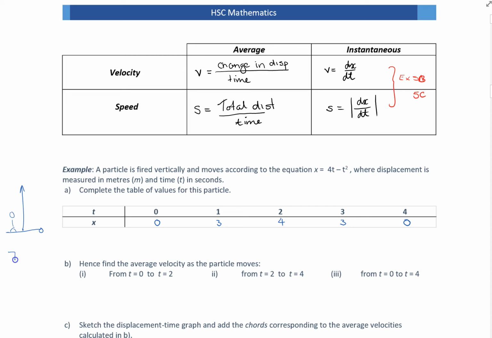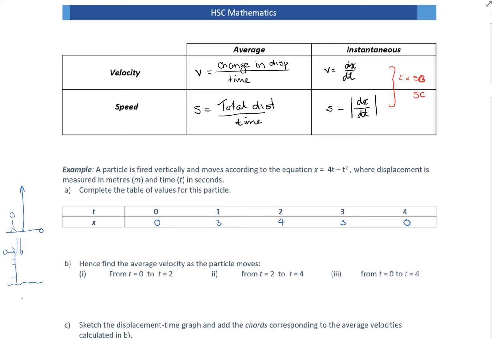However, if this person was standing on a cliff, so they're standing here now, and let's say they're fired from the edge of the cliff, the particle will go up, and yes, it will come down, but in this case, you could see it would make sense that if the top of the cliff is called 0, then we'll have some negative values, and so we might talk about a negative displacement.